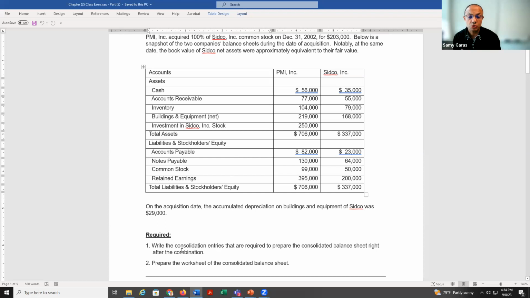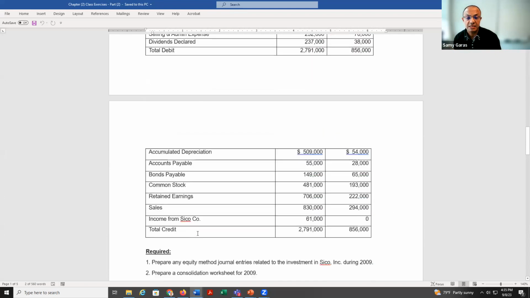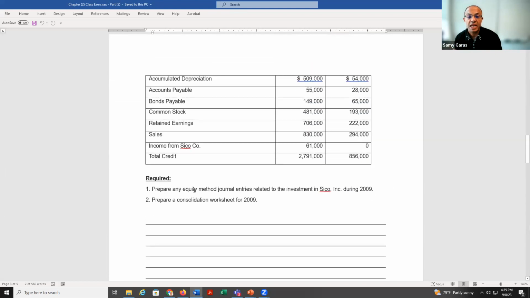Now, what we need to do is to do the consolidation entry. And please, when you read the exercises in this chapter, you need to know which entries are required in the exercise. Not every exercise asks for the same journal entries. Here we ask for the consolidation entries. When I go down to the second exercise, we ask for equity method journal entries.